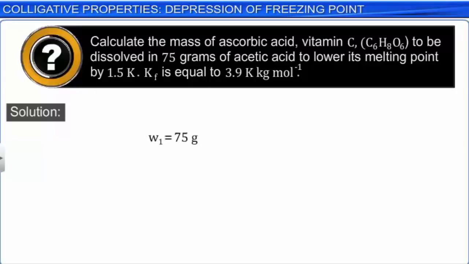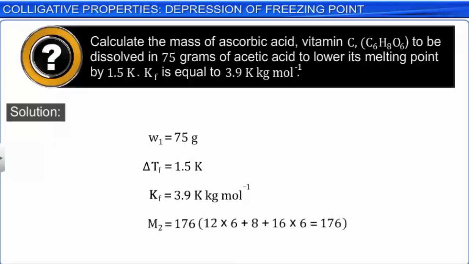W1 is equal to 75 grams. Delta Tf is 1.5 Kelvin. Kf is 3.9 Kelvin kg per mole, and the molar mass of ascorbic acid is 176, while W2 needs to be calculated.